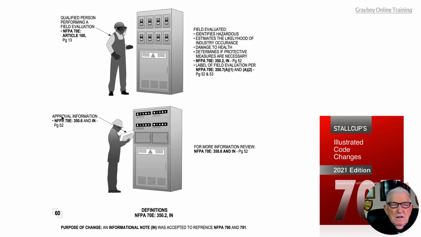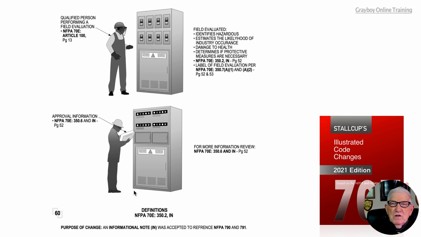And notice the approval of the equipment after it's been evaluated, as we've just pointed out, would be 70E 350.6 and the informational note on page 52.